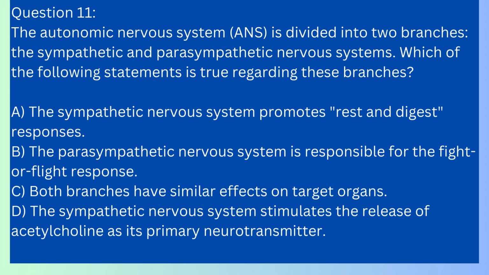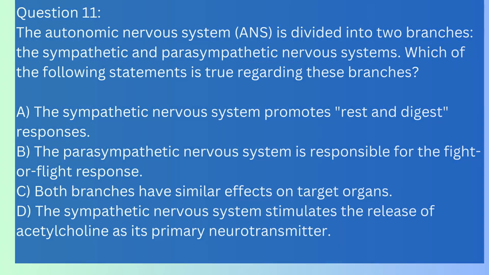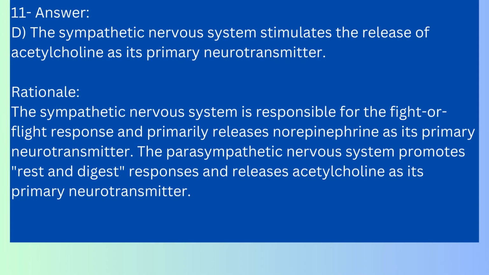C. Both branches have similar effects on target organs. D. The sympathetic nervous system stimulates the release of acetylcholine as its primary neurotransmitter. Answer. D. The sympathetic nervous system stimulates the release of acetylcholine as its primary neurotransmitter. Rationale. The sympathetic nervous system is responsible for the fight or flight response and primarily releases norepinephrine as its primary neurotransmitter.